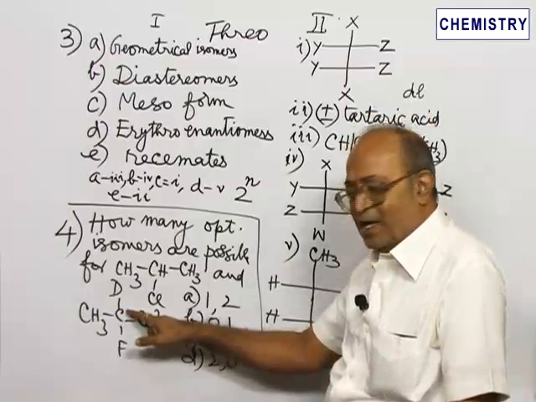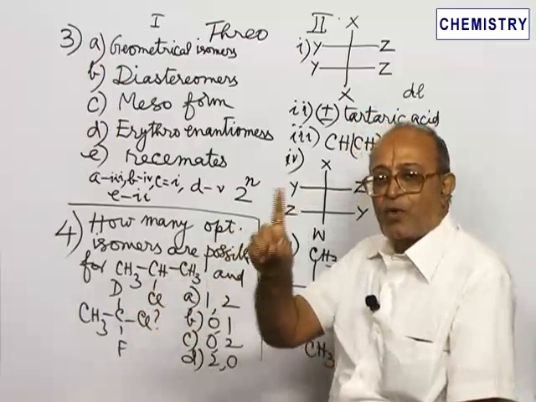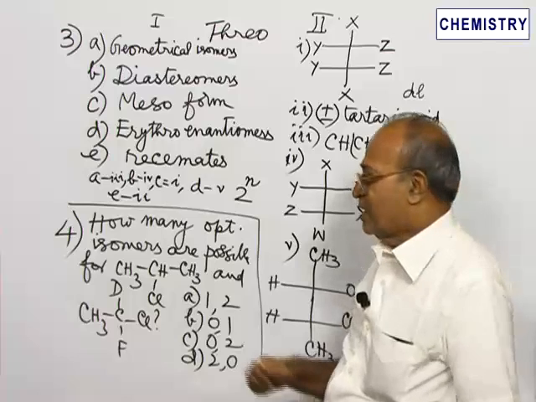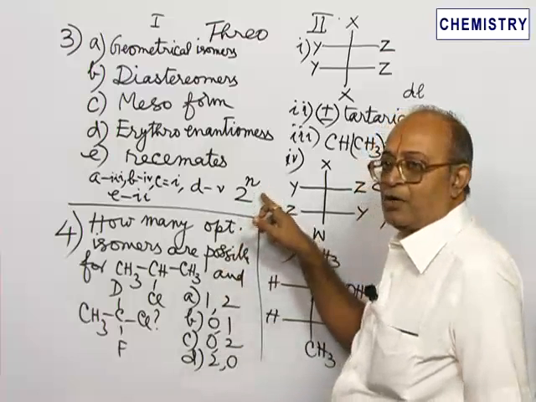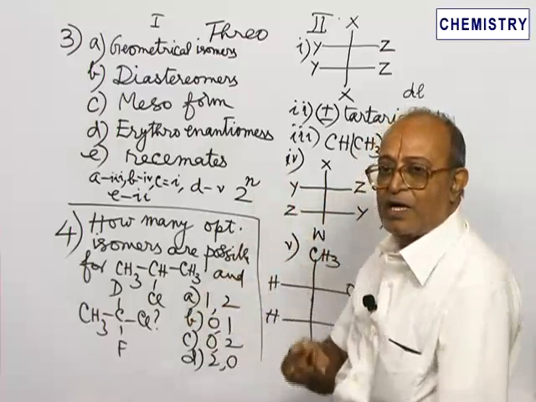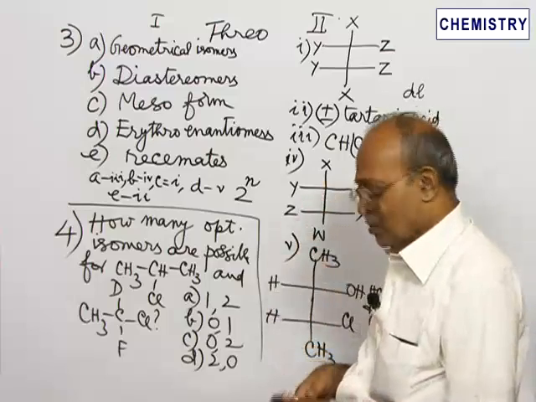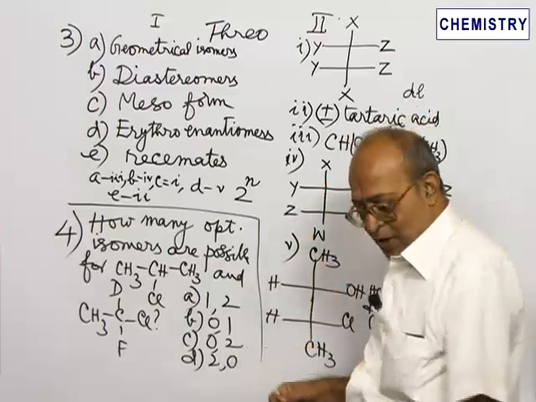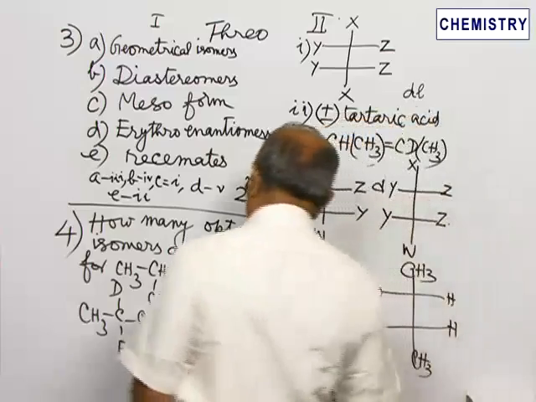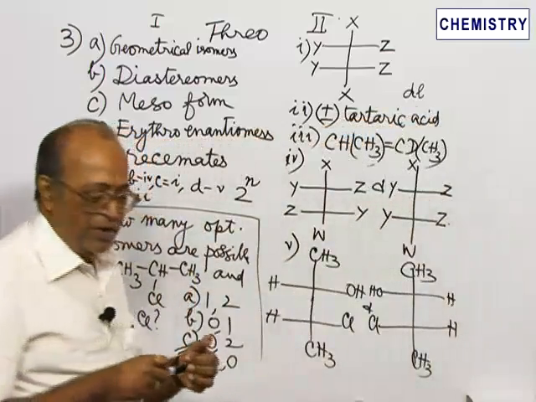It has only one asymmetric carbon atom. The central carbon atom is asymmetric. So n equals 1, 2 to the power 1 is 2. So you will have one D isomer and another L isomer. Two optical isomers are possible. So C is the correct option, 0 and 2. Do you follow?